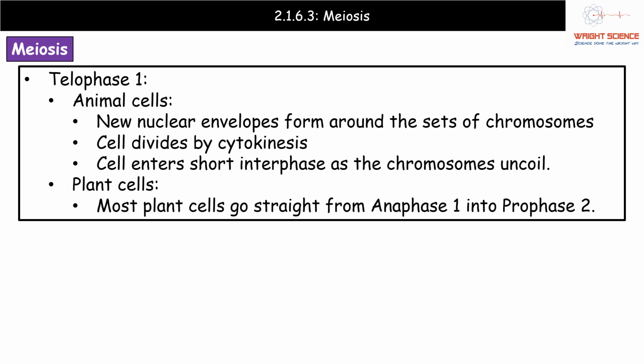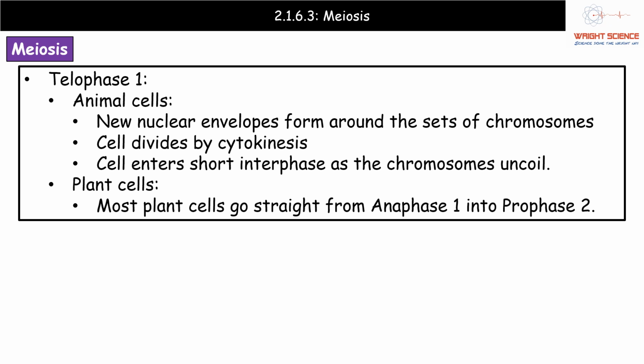Fourth phase, telophase 1, is different in plant cells and animal cells. In animal cells, we get a new nuclear envelope forming around the individual sets of chromosomes now in those poles. The cell will divide by cytokinesis, and we then enter a short interphase as the chromosomes uncoil.